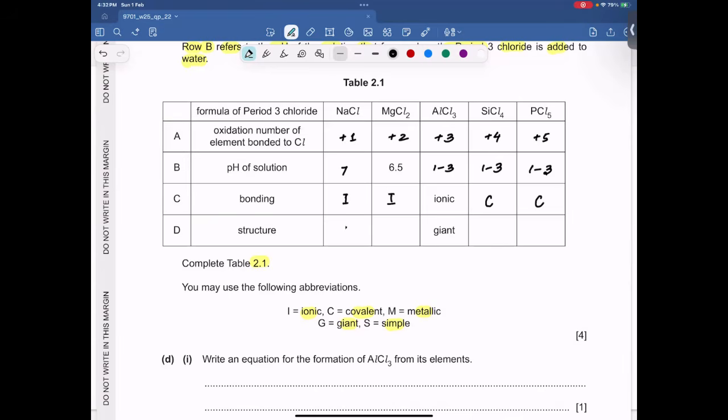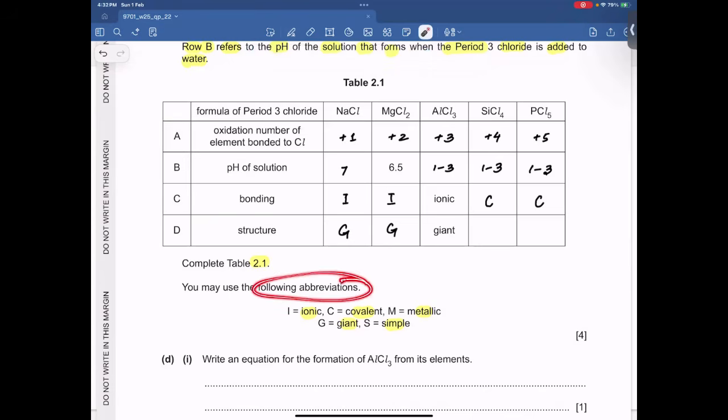Structure: giant, giant. Oh my goodness. I think the examiner is saying I can use the abbreviation, but on the other hand, the examiner is writing the entire statement.